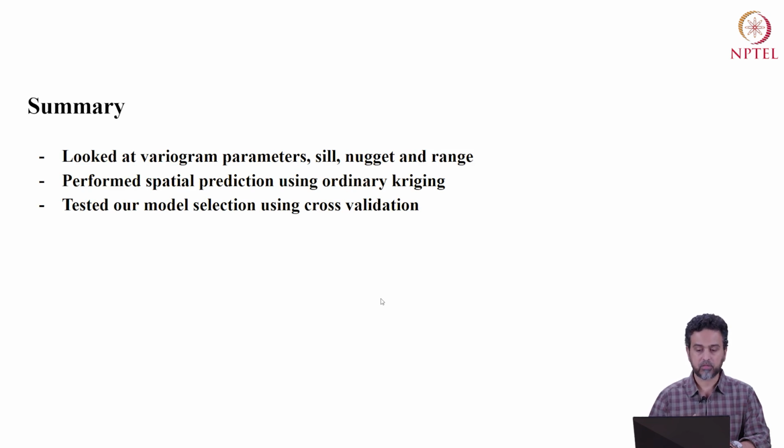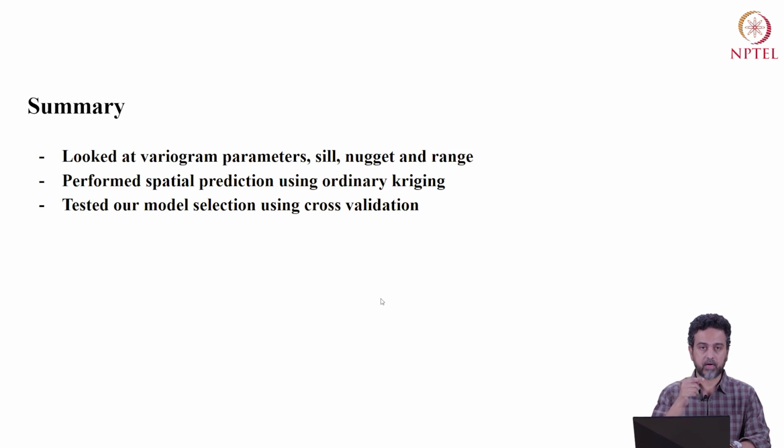And then using kriging, we tested how good our model selection was by cross-validating our spatial prediction. And the way that worked is you predict one value at a time. So you go to a place where you've observed the groundwater level, you remove that value from the data set, so you have an observed value at that point.